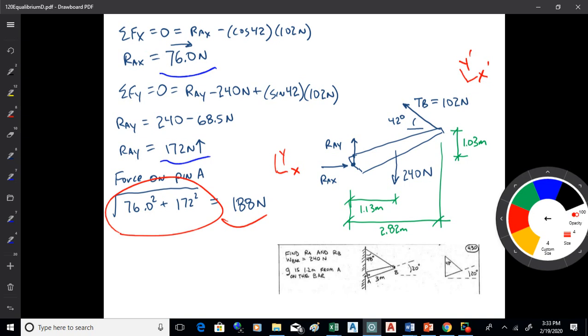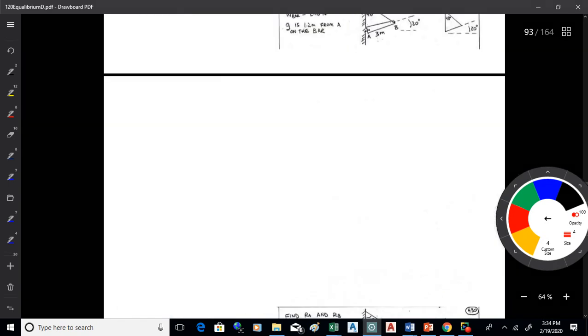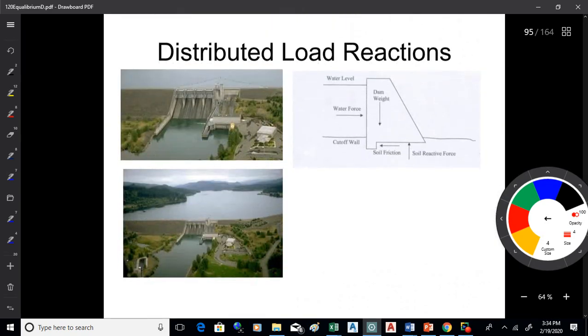Now, another thing you might run into is 442. Okay. Now, in 442, we have unknowns, but they're based on distributed load reactions. So if you build a dam or something like that, the soil will push back up in a distributed load.